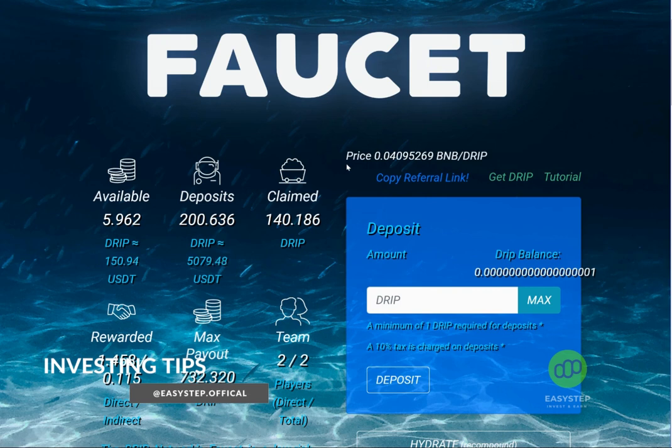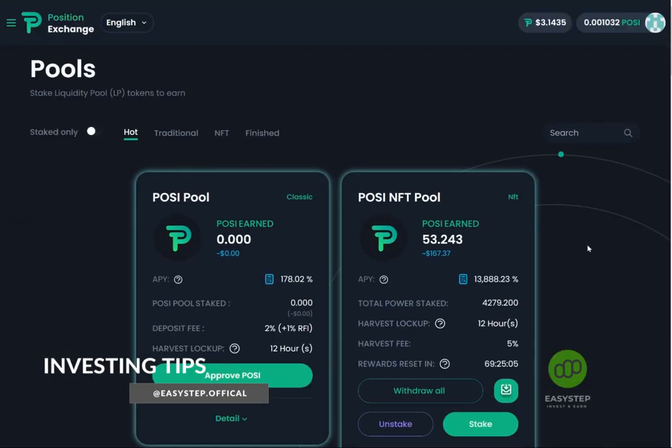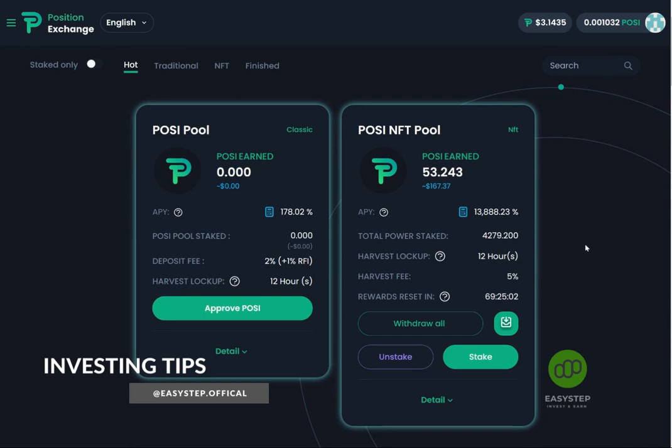And if you find a platform that you're interested in, you can bounce it off me. Kevin, Easy Step, what do you think about this platform? Should I invest in it? Should I not? Or can you recommend other platforms? Okay, but this is how it works, and this is how you can make money. I highly recommend Position Exchange. I'm not a financial advisor, but I'm just showing you how this works, how you can make money, and how you can change your life.